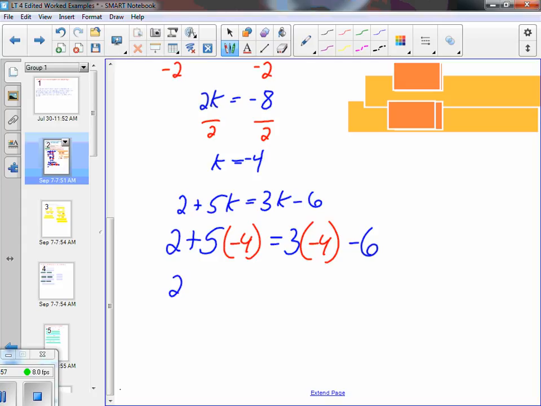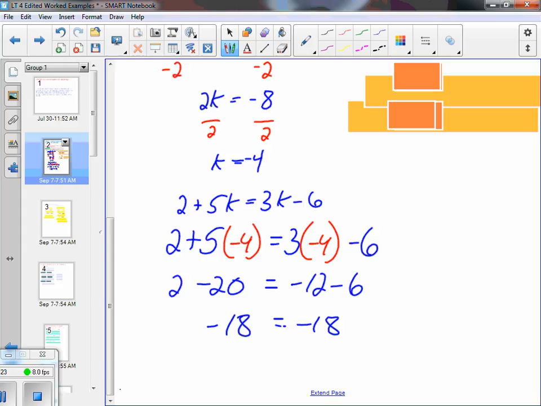Following your order of operations, 5 times negative 4 is negative 20. On the other side, 3 times negative 4 is negative 12. Back to the left side, what's 2 minus 20? Negative 18. To the right side, what's negative 12 plus negative 6? Negative 18. Now, I don't expect you to check them like that every time.